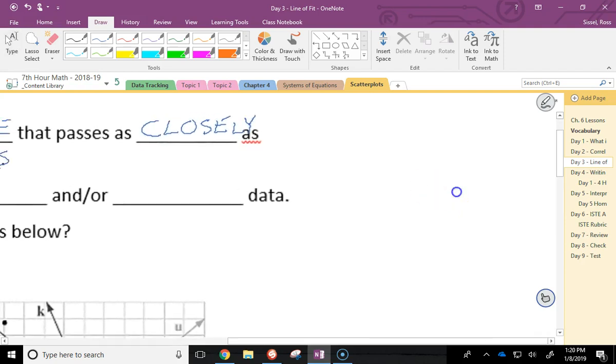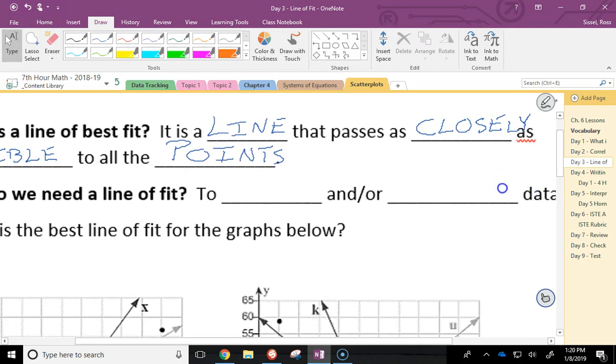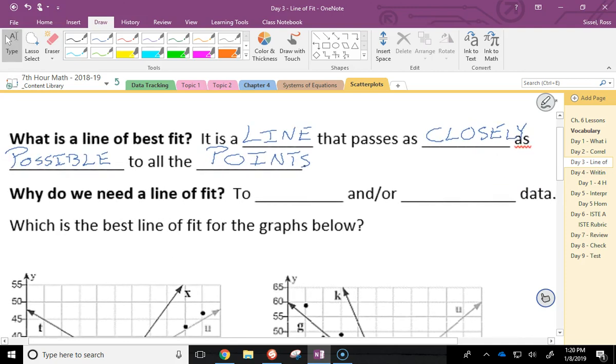I'm going to zoom in for you guys. Line of best fit. So when I ask you what is line of best fit, you're going to be looking for a straight line that passes as close to all the points as possible. To the right, I'm going to write 4 other key components to a line of fit. That's really important to help you identify it and to make yours.